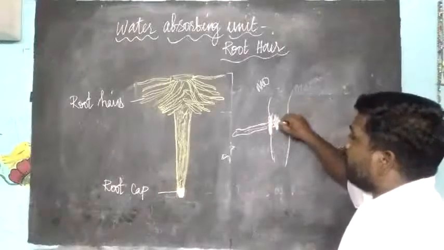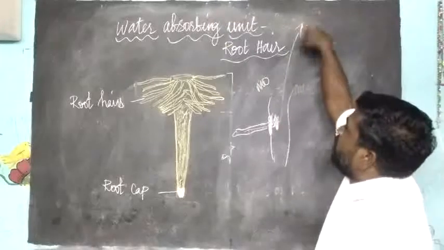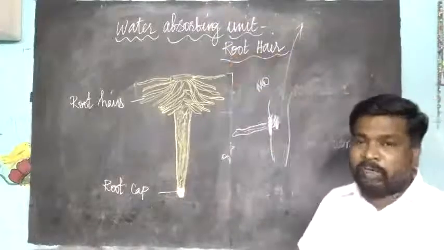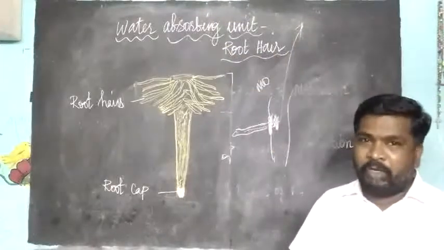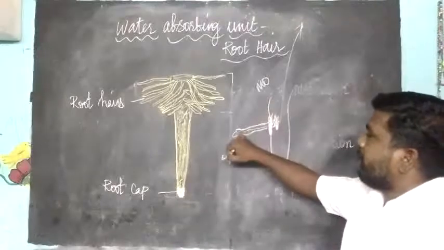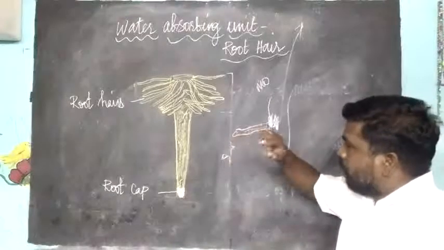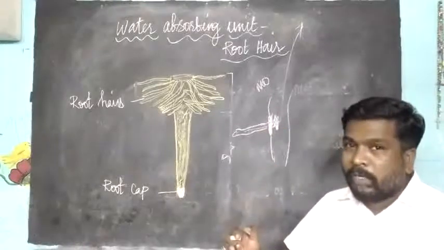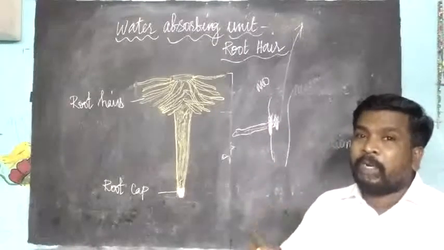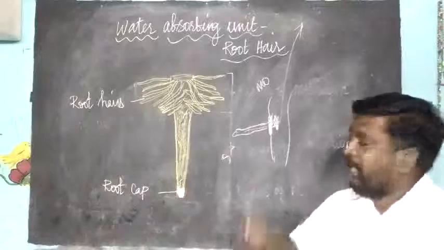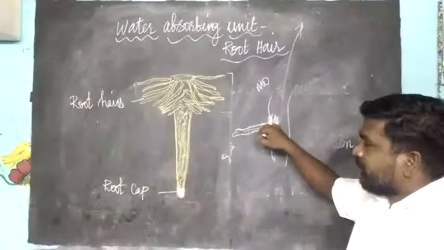From here the water will be transported to the shoot system through the xylem tissues, with the same mechanism involved, I mean diffusion. So the root hairs are the absorbing unit. Once the water is absorbed by the root hair, the concentration of water is maximum when you compare it to the cortex of the root.